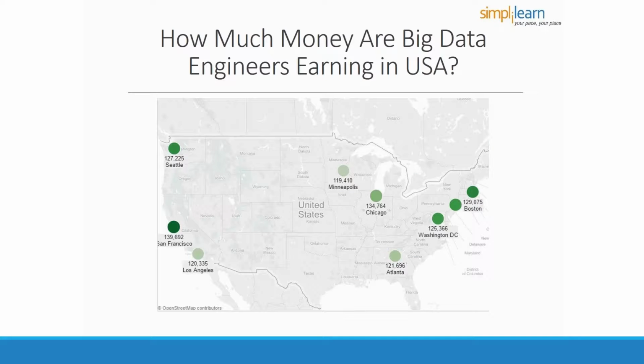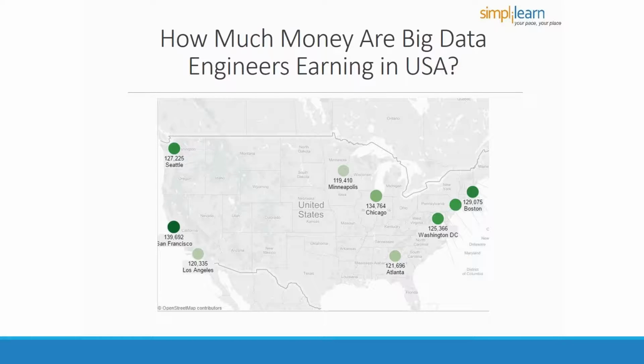Looking at how much money big data engineers are earning in the United States, I want to emphasize here that these are big data engineer positions, but if you take big data professionals with a full spectrum of skills, what I've called hybridization, they have even higher earning potential than these numbers.